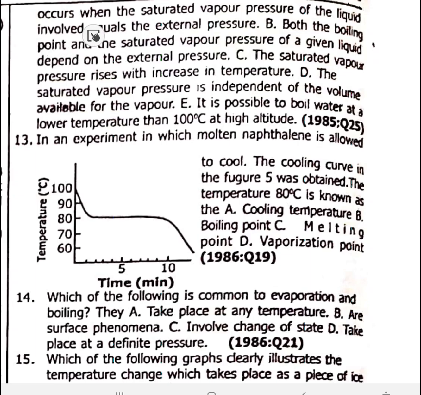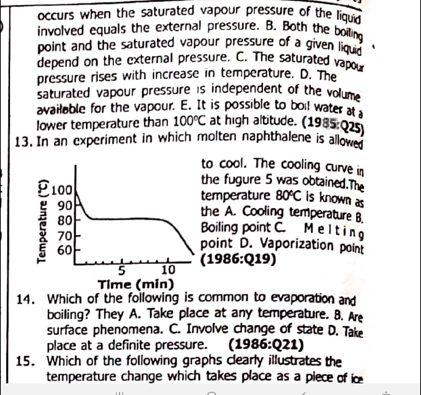B. Both the boiling point and the saturated vapor pressure of a given liquid depend on the external pressure. C. The saturated vapor pressure rises with increase in temperature. D. The saturated vapor pressure is independent of the volume available for the vapor. And E. It is possible to boil water at a lower temperature than 100 degrees at high altitude.